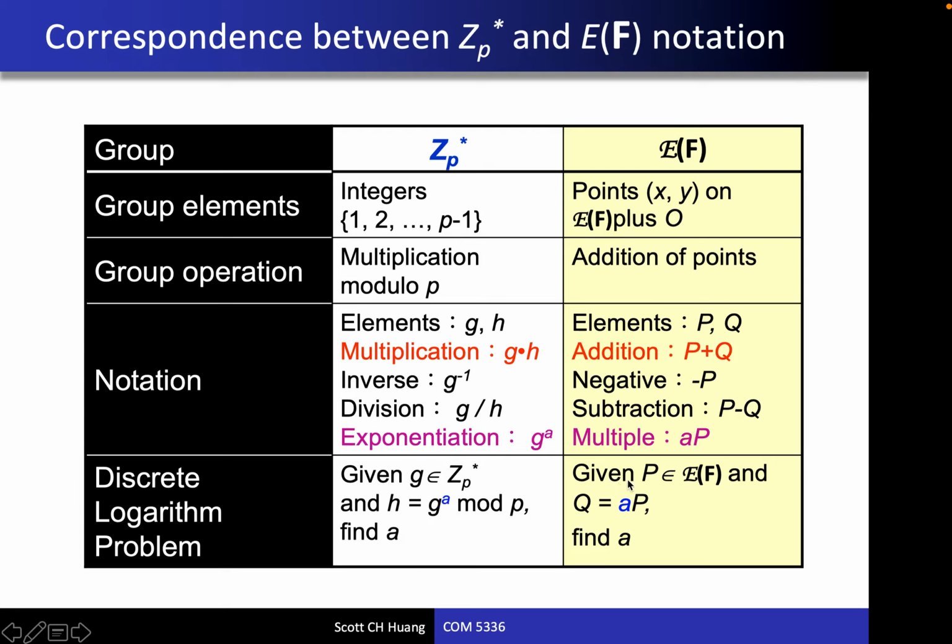Now we change to this version. Given a point P on the elliptic curve, the base point, and given another point Q, find A such that Q is a scalar multiple of P, AP. That's the elliptic curve version.